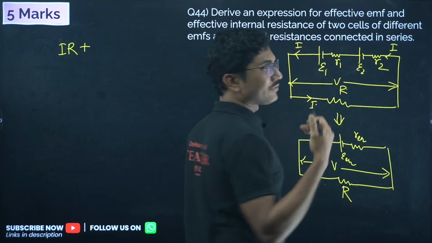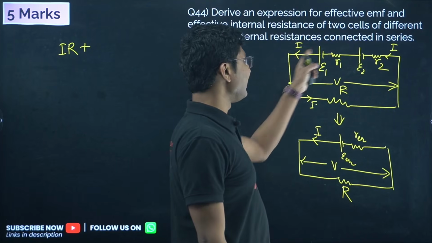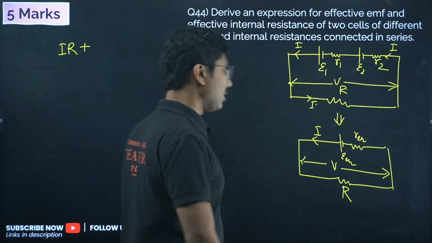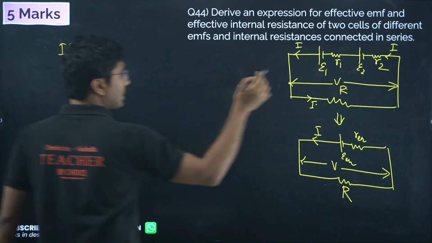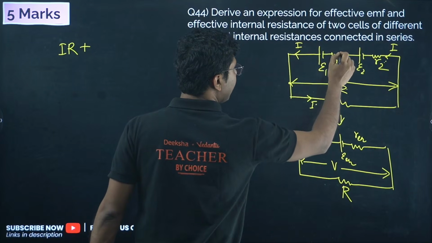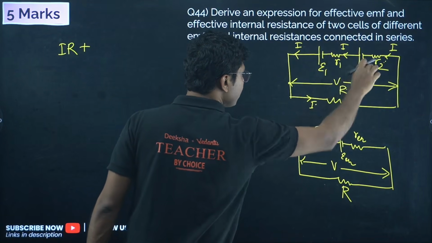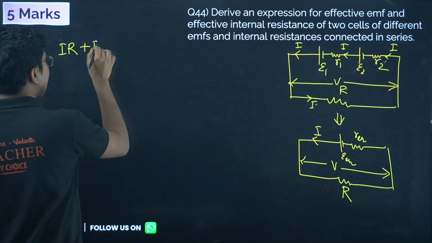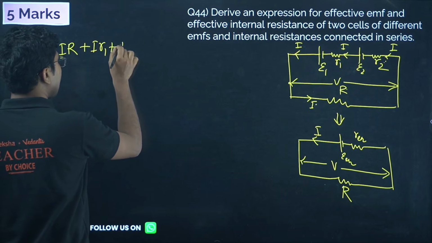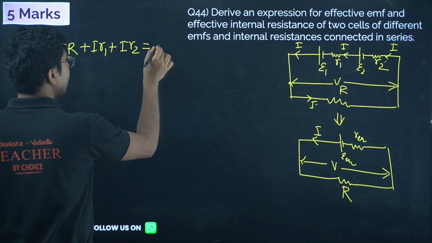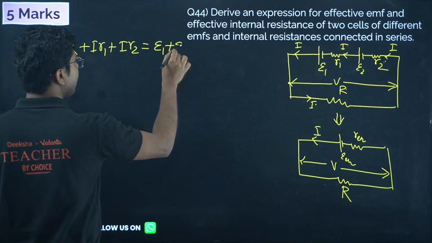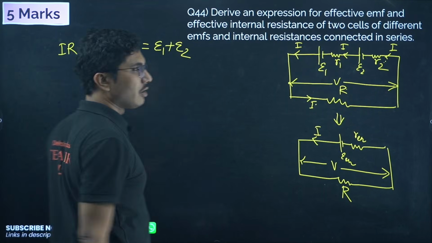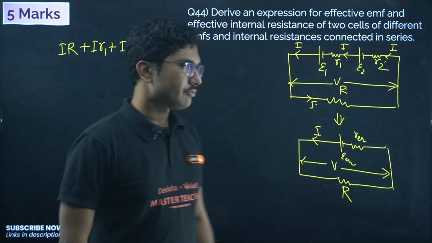In case of a cell, remember whatever current is exiting, the same current should come back always, conservation of charge. So the current through R2 will be I, the current through R1 will also be I. So I R plus I r1 plus I r2 equals epsilon 1 plus epsilon 2. This is applying Kirchhoff's voltage law.